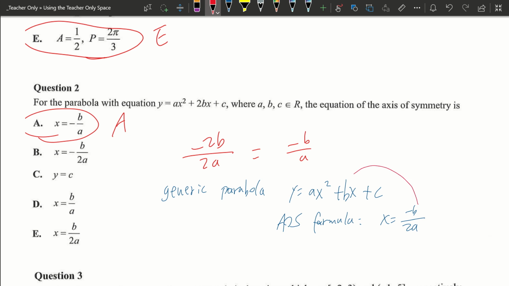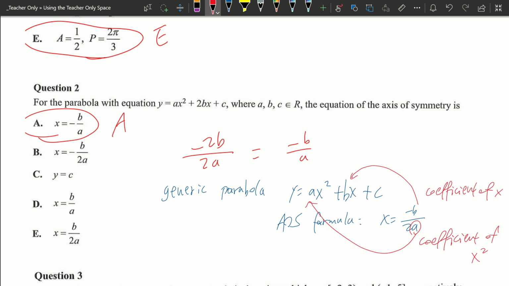B represents the second coefficient. And let me put it this way. It just means the coefficient of the x term. And same with A. A just means the coefficient of the x squared term.